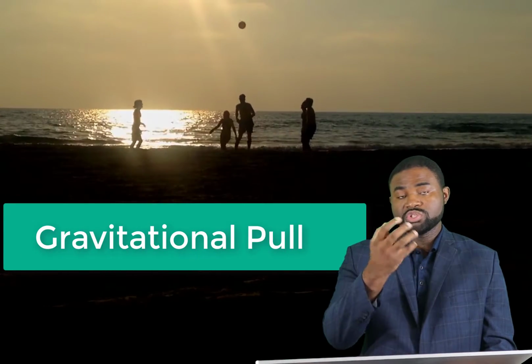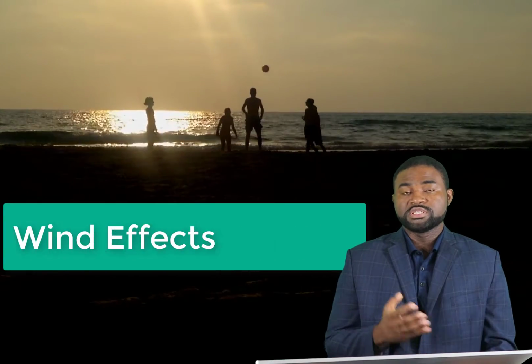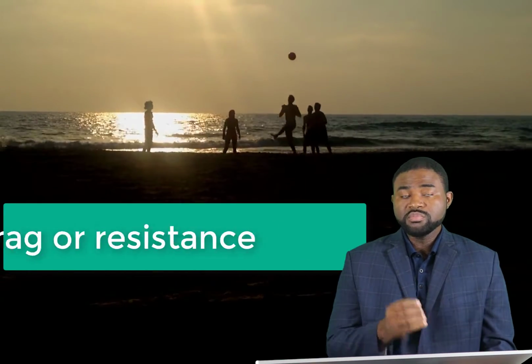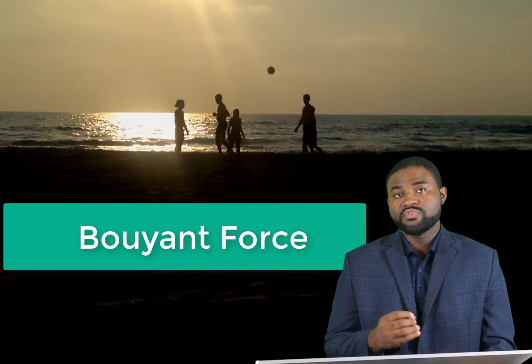Take, for example, a ball thrown up in air. The motion of a ball thrown up in air is affected by the downward gravitational pull of the earth. That's why it falls back in the first place. It's affected by wind, by air drag, humidity, the elevation, and the buoyant force.